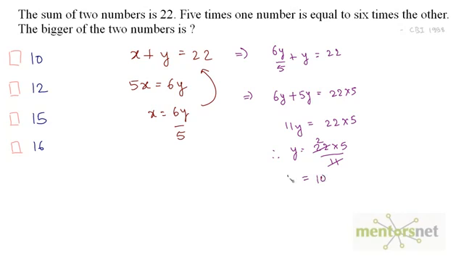So 5 2s are 10. So we have the value of y. Now we need to find out the value of x. So we know that x is equal to 6y by 5. So x is equal to 6 times 10 by 5. And 5 2s are 10. So 6 2s are 12. So the value of x is 12 and the value of y is 10. So the greater one is 12.